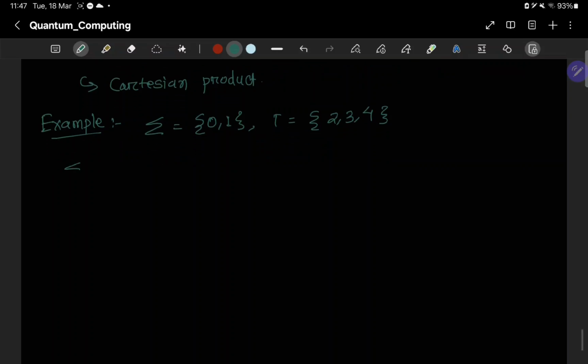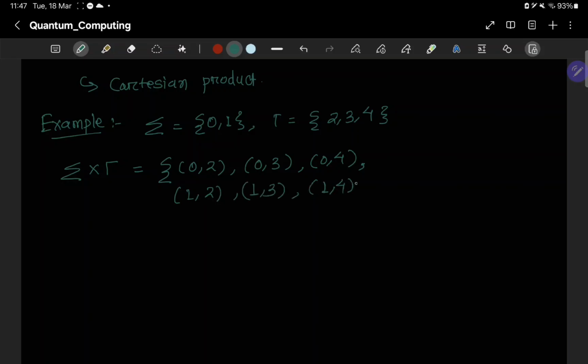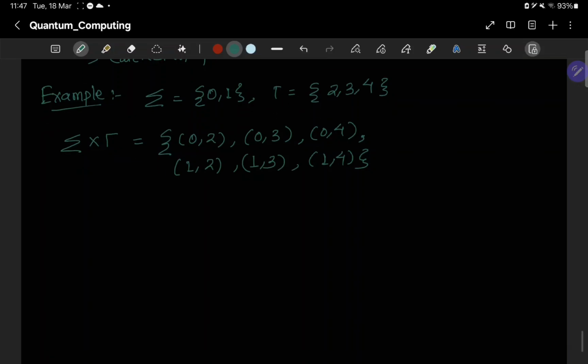If we make a compound system from these two, then our compound system will have the states (0, 2), (0, 3), (0, 4), and further (1, 2), (1, 3), and (1, 4). Right? So this is the Cartesian product of sigma and gamma.